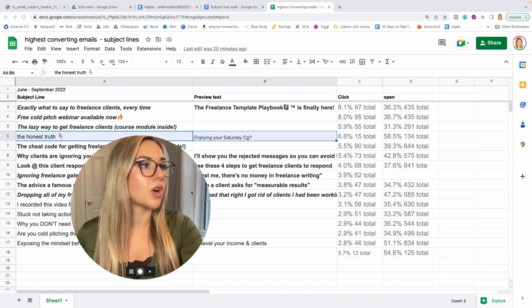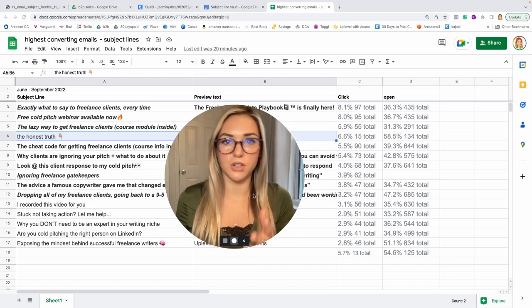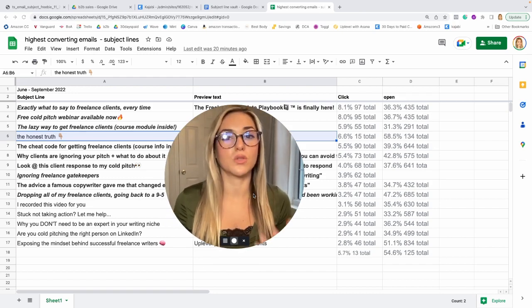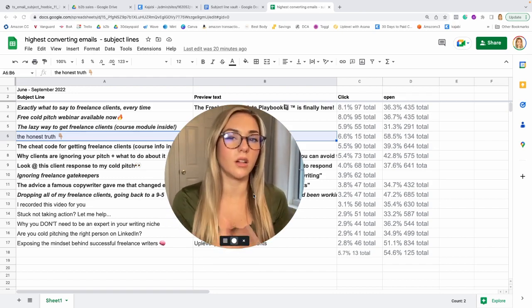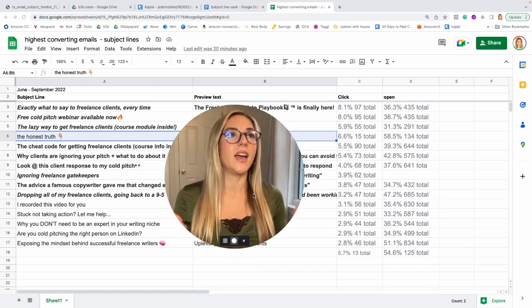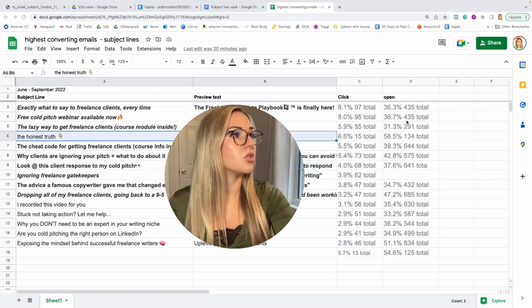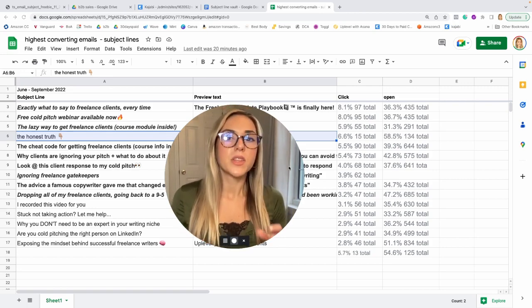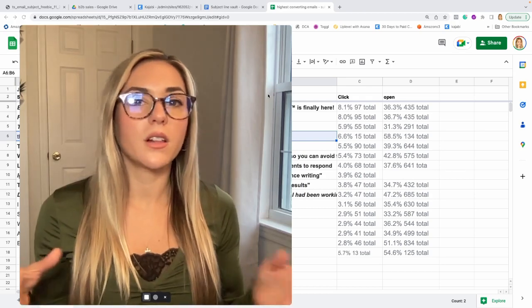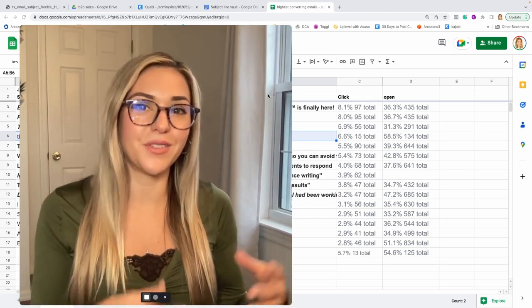So I keep track of my highest converting subject lines. This is going to be hard if you're just a freelance copywriter and you're not getting those results shared with you by your clients. But for me, I'm somebody who actually sells a digital course online, and I have an email list that I'm constantly emailing and nurturing and selling to, so I can look at the open rates and the click-through rates. Something you should know: with open and click-through rates, keep in mind that they are highly based on the size of the email list, right?